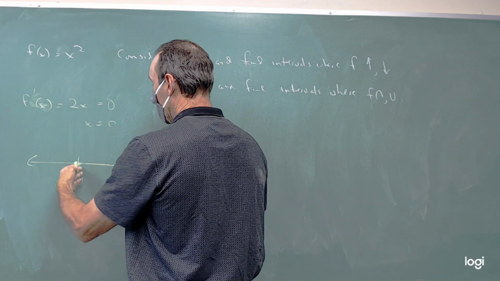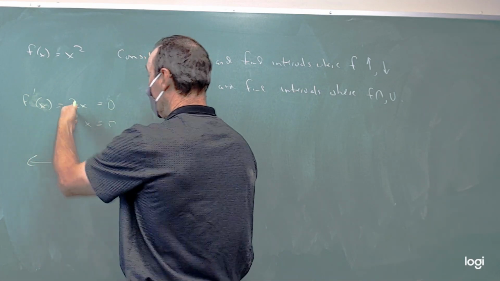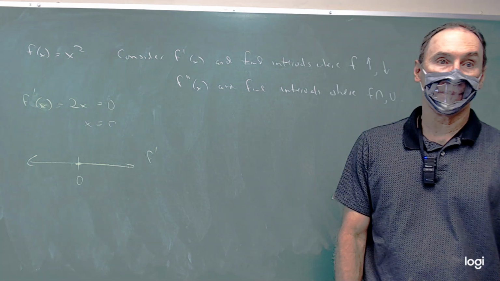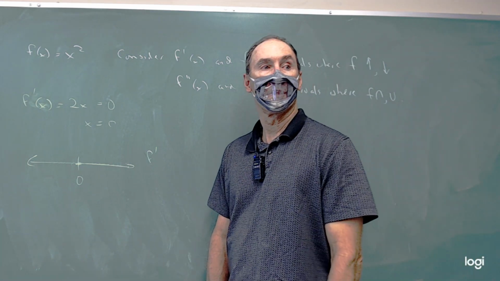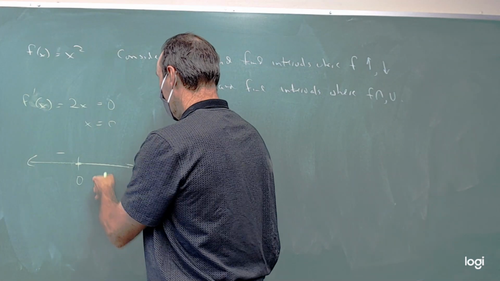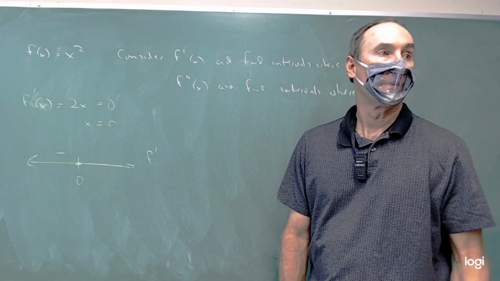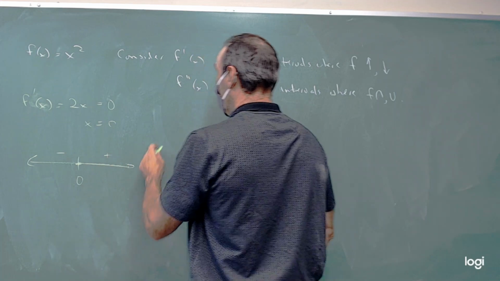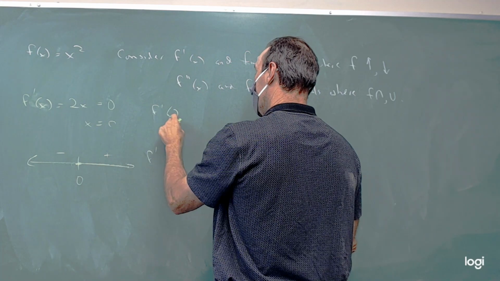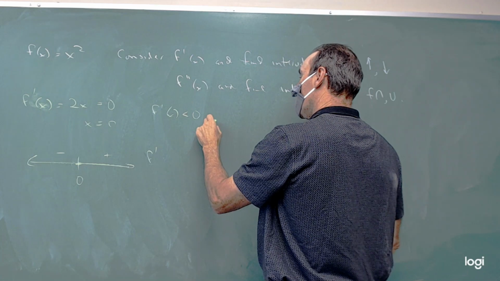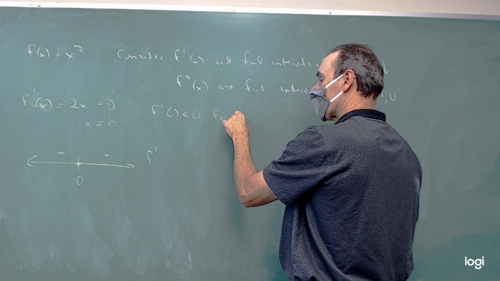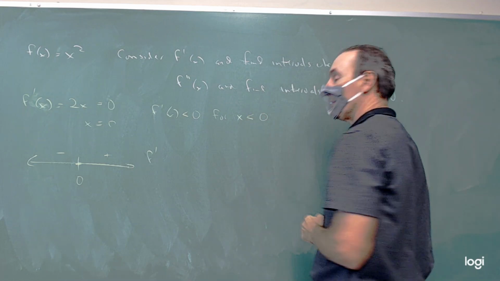And if we plug in numbers to the left of 0 into 2x, the derivative, is that going to be positive or negative? Negative. And numbers to the right, positive. So we have that f prime of x is less than 0 for x less than 0.